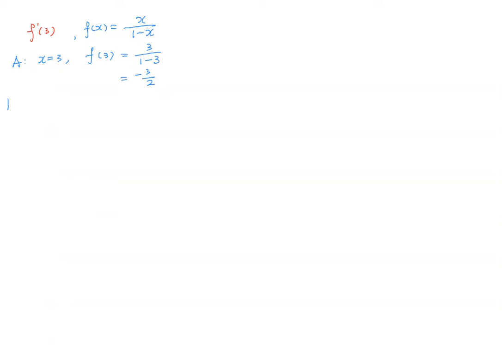Then point B, x equal to 3 plus h. So now, f(3 plus h). You have to be very careful. 3 plus h, always put in the bracket, over 1 minus (3 plus h). Open up the bracket.